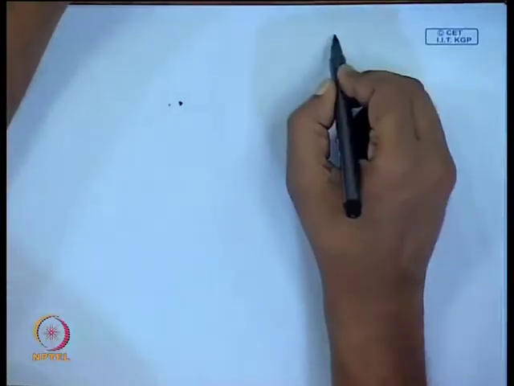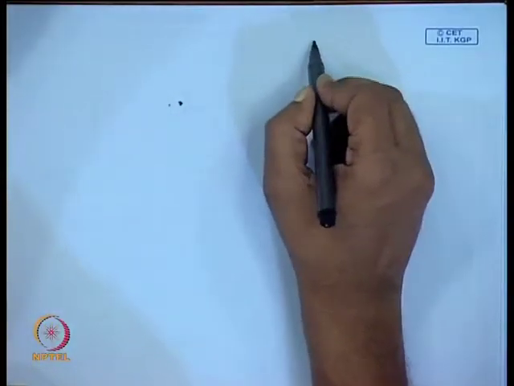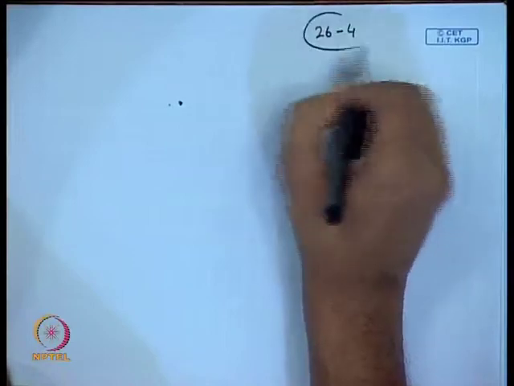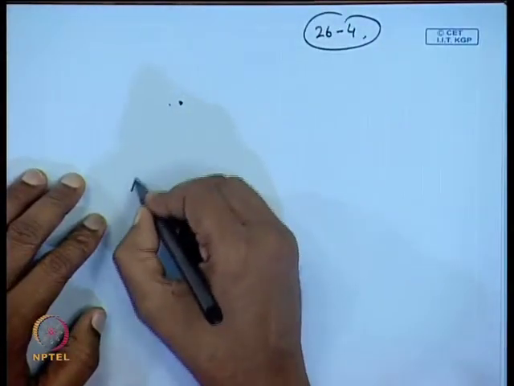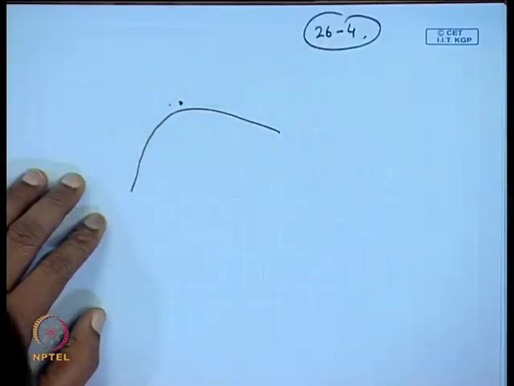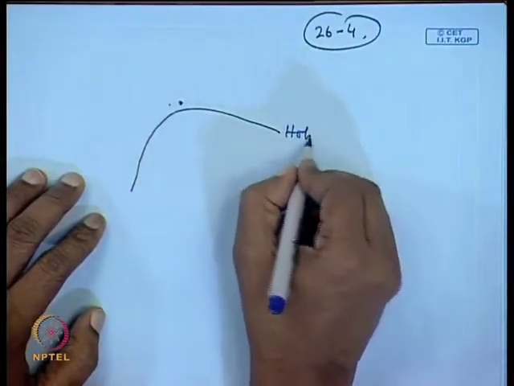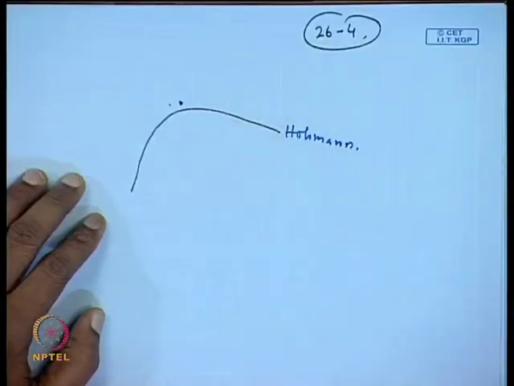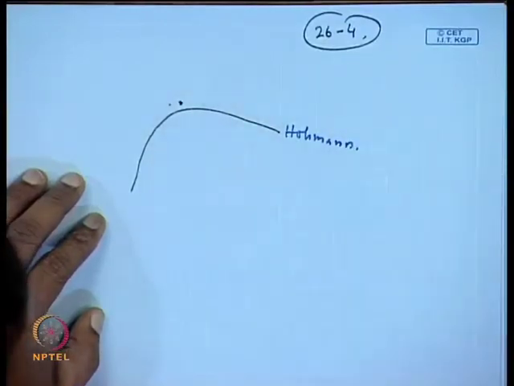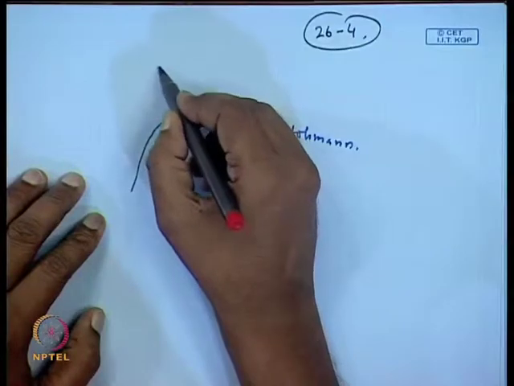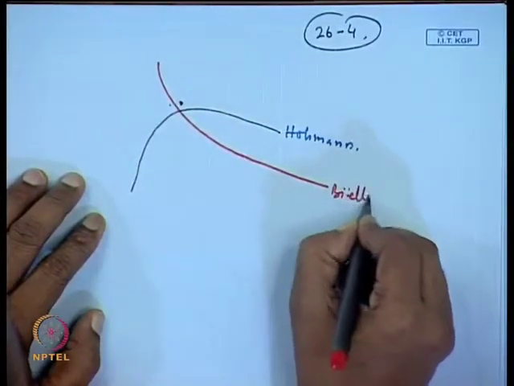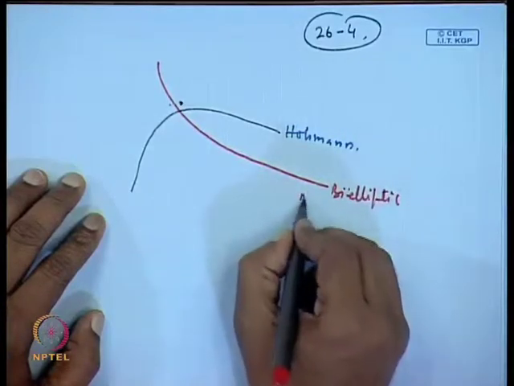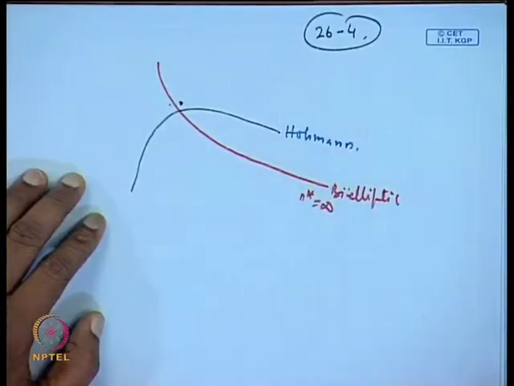So, overall this cutting points we can show like this: this is our Hohmann transfer, and this is the bielliptic transfer for n star equal to infinity.